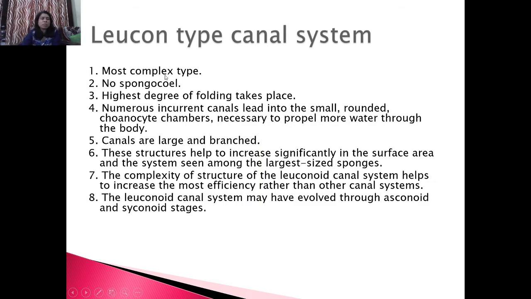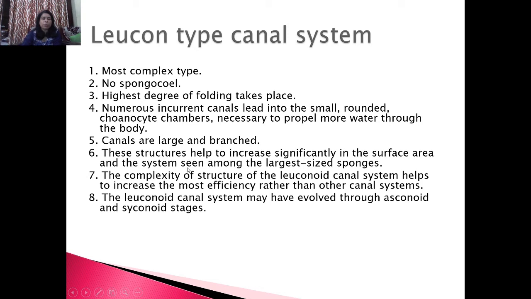Leucon type of canal system is a very complex type of canal system with no spongocoel. The highest degree of folding takes place in this type of canal system. Numerous incurrent canals lead into small rounded choanocyte chambers necessary to propel more water through the body. Canals are large and branched.